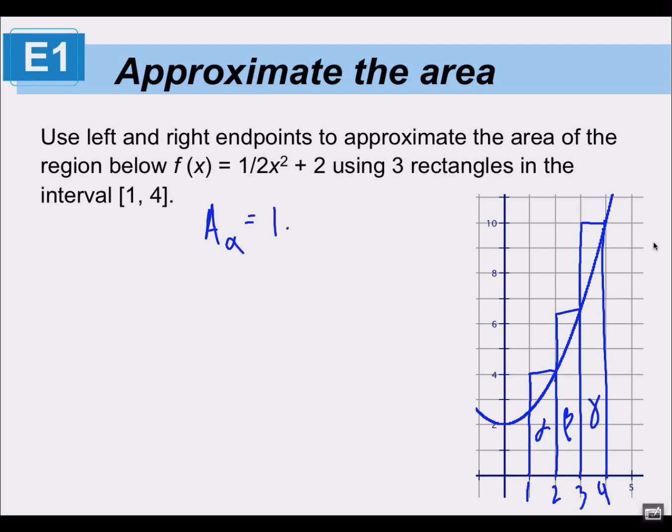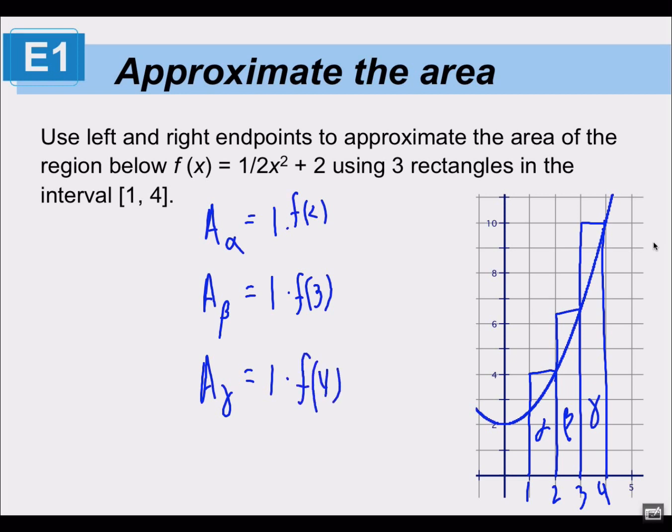Area alpha will be 1, which is delta x, times f of 2. The area of beta will be 1 times f of 3. And the area of gamma will be 1 times f of 4, because notice we're on the other side of the rectangles now.